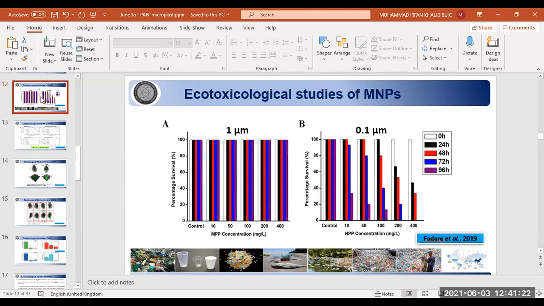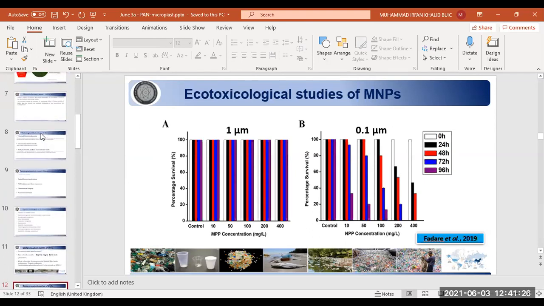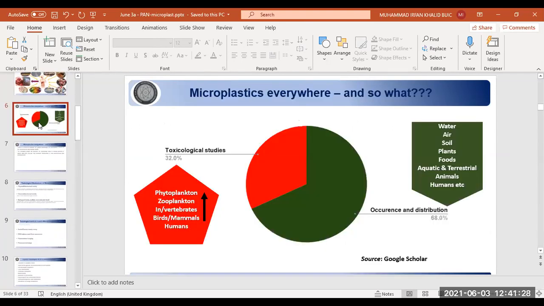Andrews, I think you are right. And I think that's why there are very few toxicological studies, because there are so many factors out there that make it difficult. You have a plastic, you don't know the source, you don't know the type. So many factors are responsible, and that's why it seems that the toxicological aspect of this work is dragging.